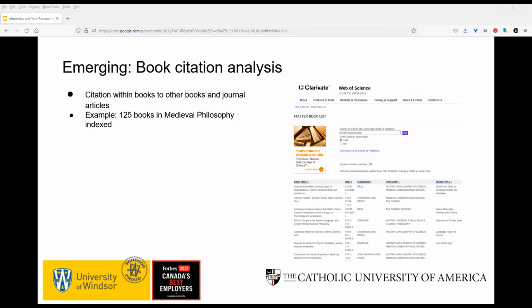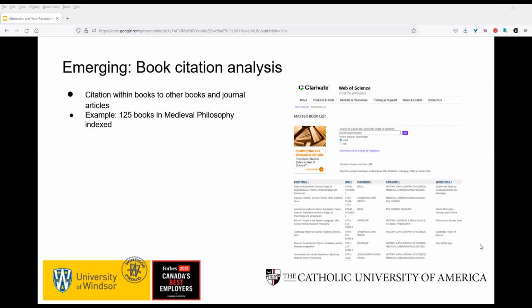So here I've done a search for medieval philosophy, and there's 125 books in medieval philosophy included in the book citation index. So it's still quite young and still developing.